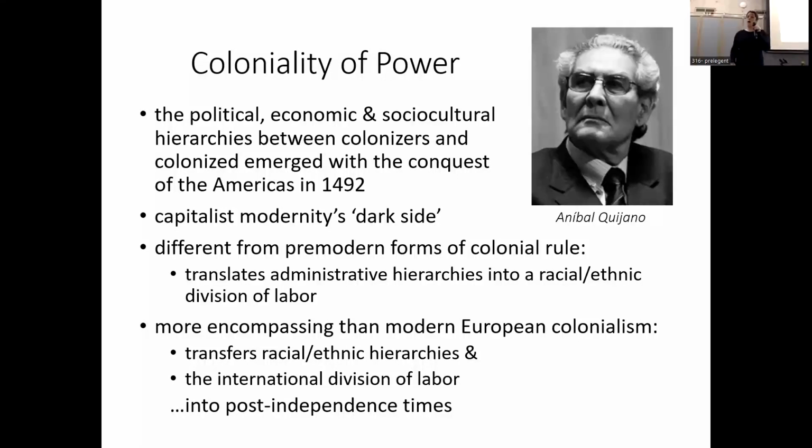So this is how coloniality is more enduring than colonialism and more encompassing than it, because it transfers racial ethnic hierarchies that emerged during colonial rule into post-independent times. And I use that understanding to look at how the definition of different Europes has led to imperial maps of what I call multiple and unequal Europes.